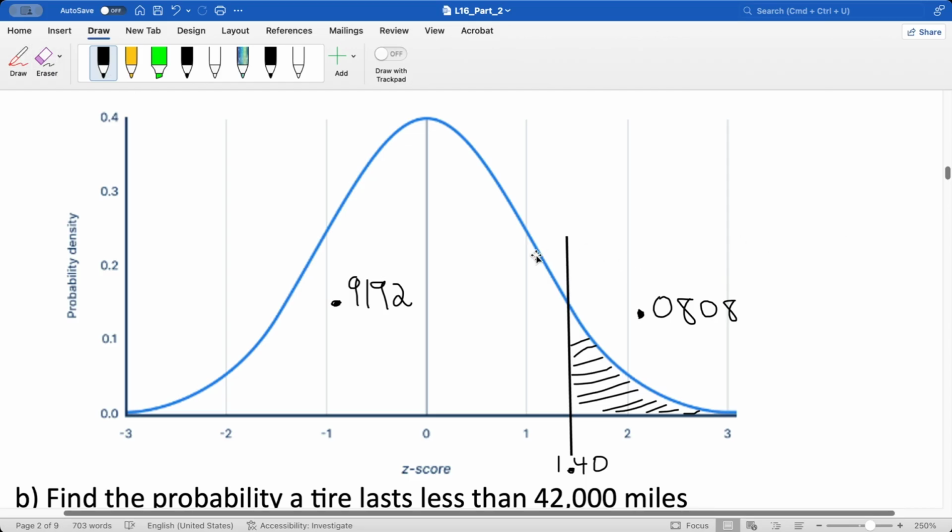The chart is giving you, by default, the area to the left. The table value was 0.9192. We had to do 1 minus that to get the opposite side. The whole thing adds up to 1, the whole 100%. So we had to do the subtraction, 1 minus 0.9192. That gave us 0.0808 on the right-hand side.